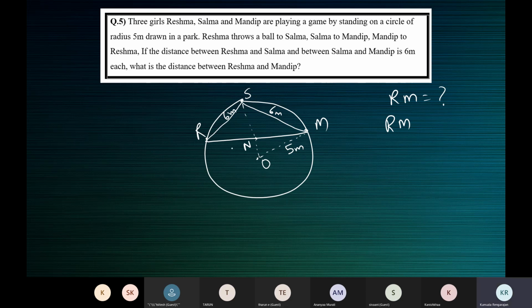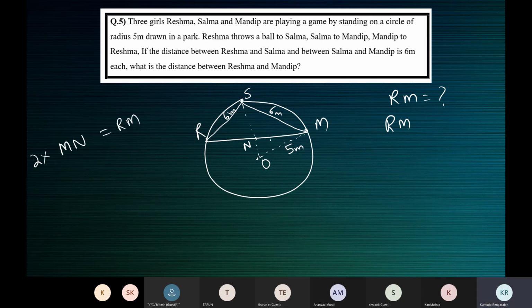We're going to find MN, double it to get RM. Twice MN is equal to RM.